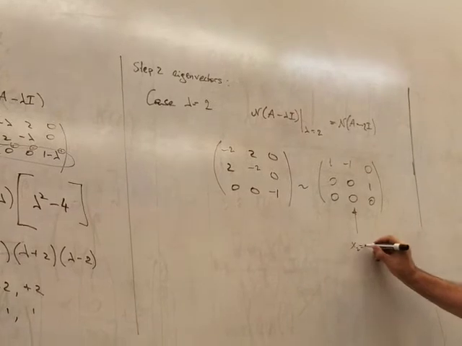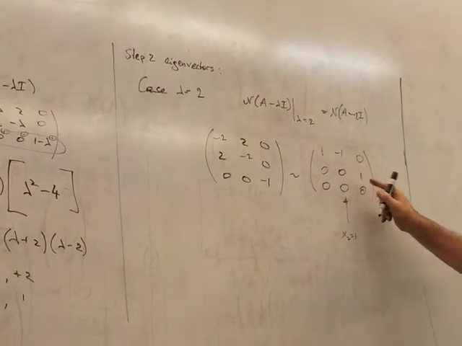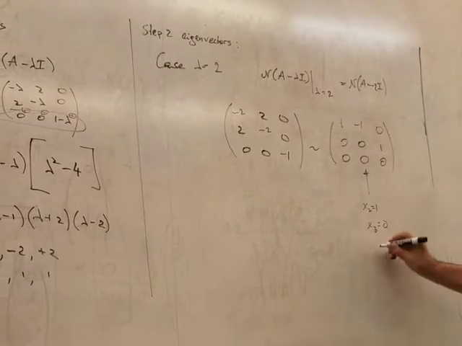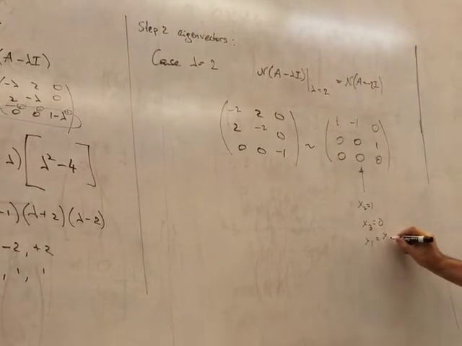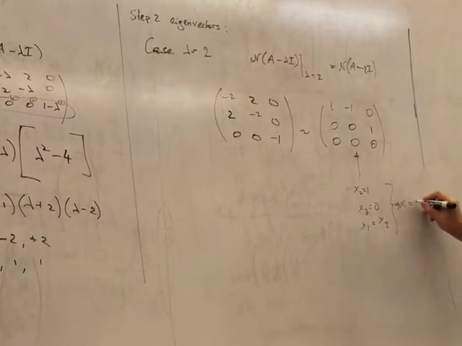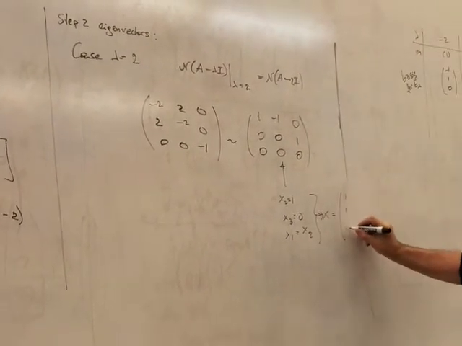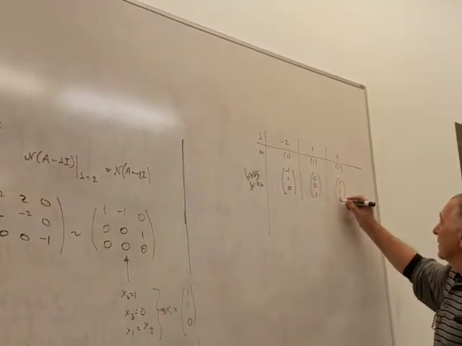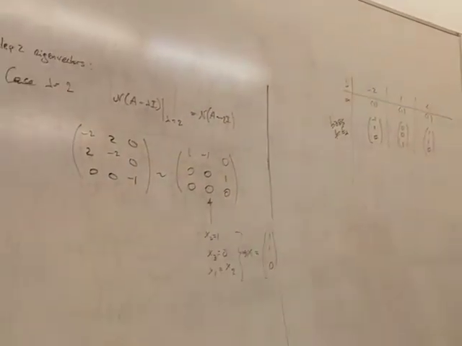So x2 is equal to plus 1. Then this reads x3 is equal to 0, and x1 is equal to x2. And therefore, the x that I get out of here is equal to 1, 1, and 0.